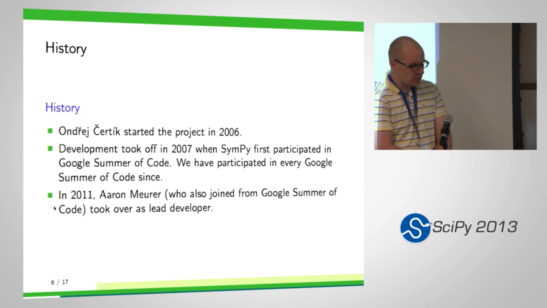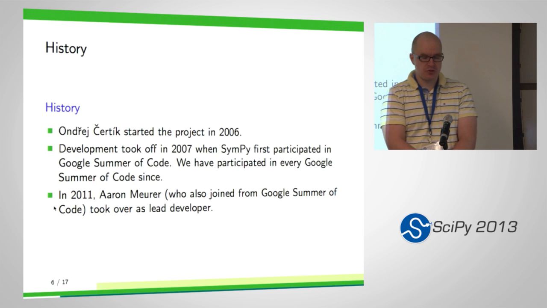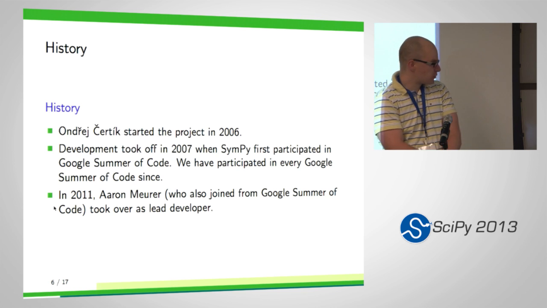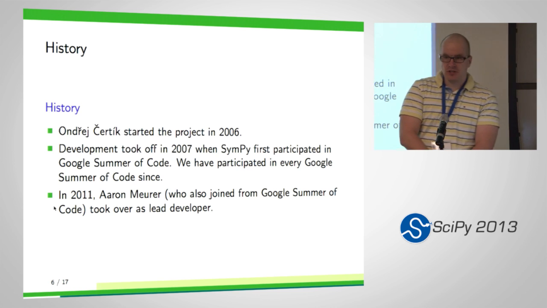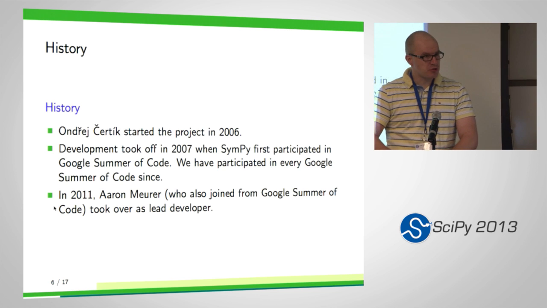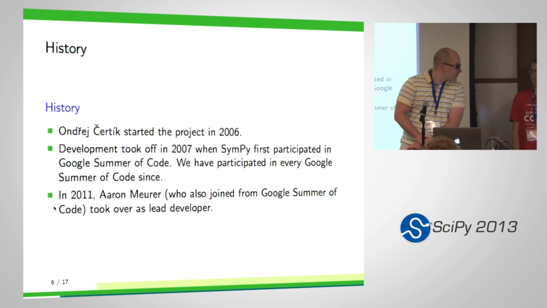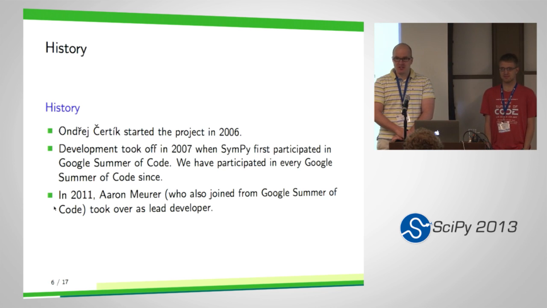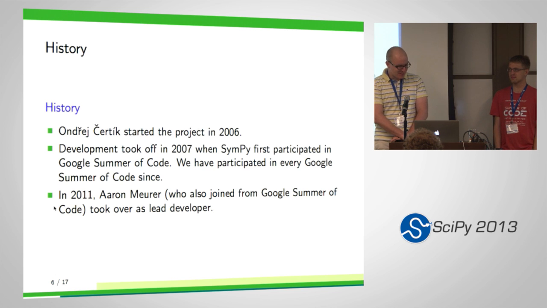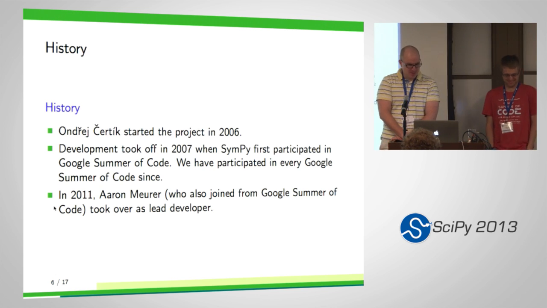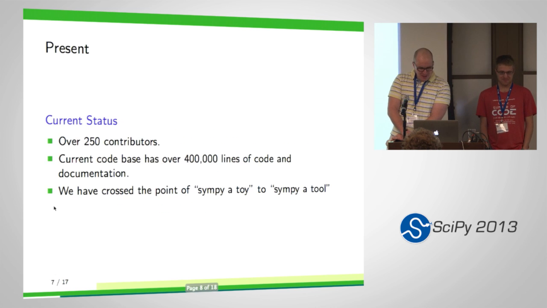And Aaron and most SymPy developers have joined through Google Summer of Code. Aaron is one of them. And since 2011, I stepped down from being the project leader and gave it to Aaron so that I can finish my PhD. And it was a lot of work, and Aaron actually has been doing a better job than I did. So I've been very, very happy about the choice.